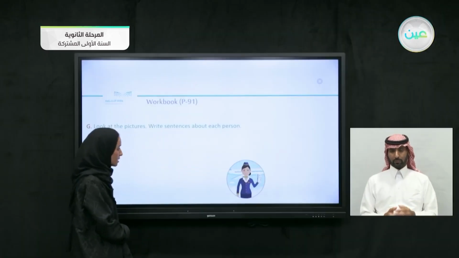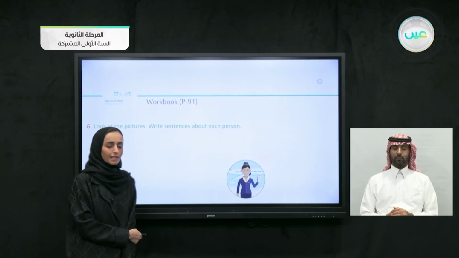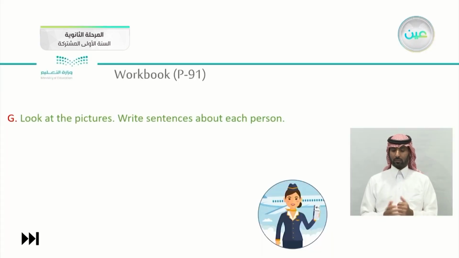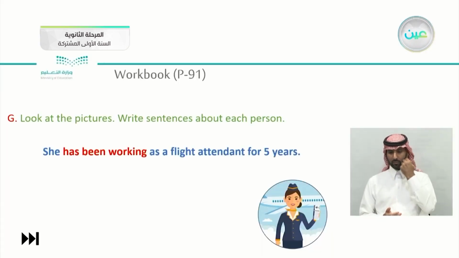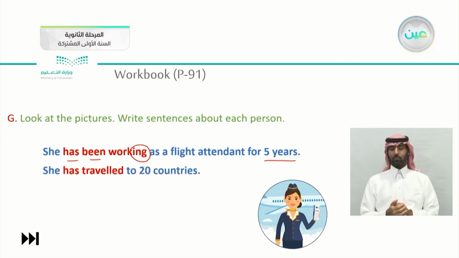One more friend in here. We're having this, who's a flight attendant. Let's speak about her. She will tell us she has been working as a flight attendant for 5 years. So, has been working. This is the length of time. Also, she has traveled to 20 countries.